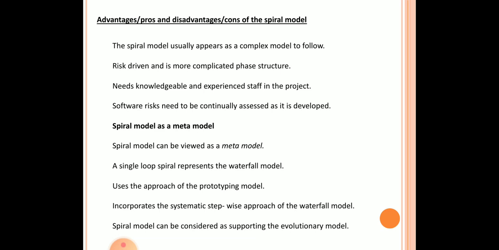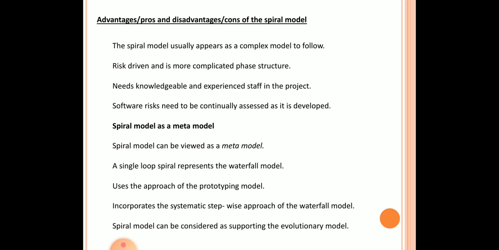And it is not very suitable for development of a product as an outsourced product. Since the product risk needs to be continually assessed, it is not a good one for outsourced projects.